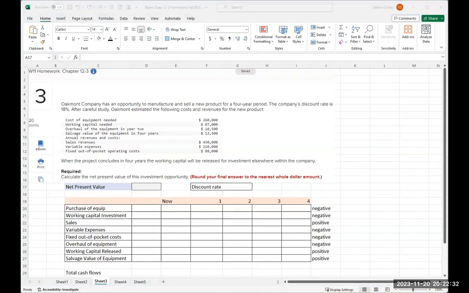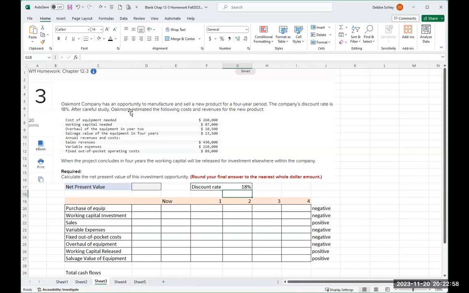Question 3. We're going to make a chart because we can, and it'll help us. Oakmont Company has an opportunity to manufacture and sell a new product for a 4-year period. The company's discount rate is 18%. So my discount rate is 18%, and I set my chart up for now and years 1 through 4.